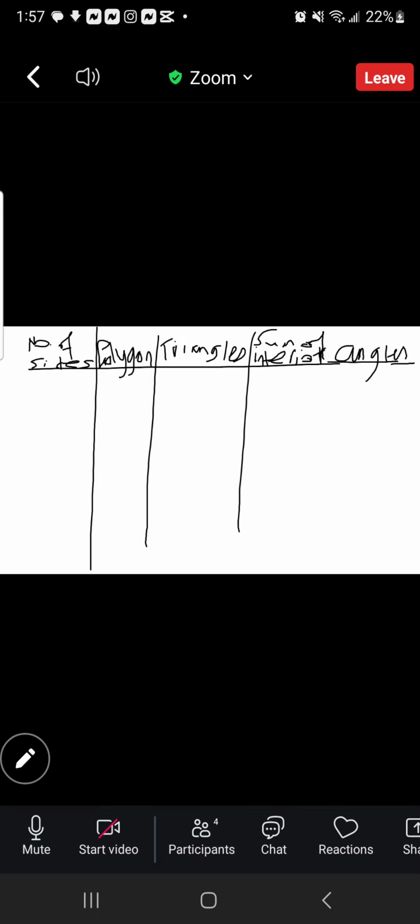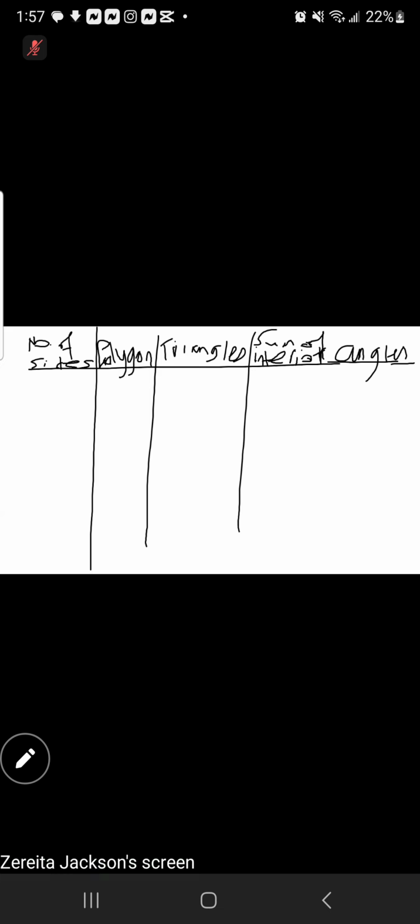Number of triangles. Very good. And the last column, sum of interior angles. Is that clear? Everybody has that? Anybody not sure about what to do?